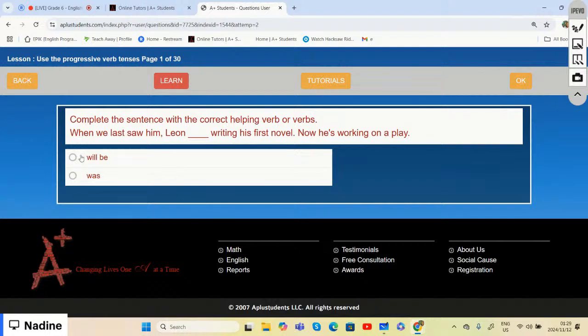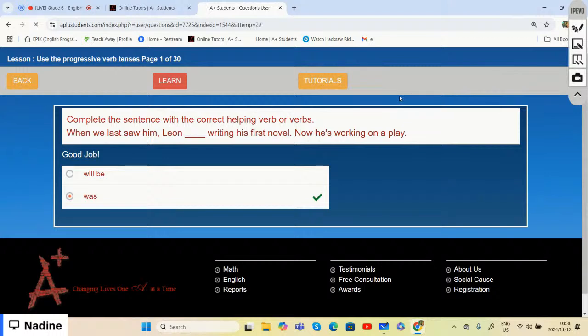All right. So we will say when we last saw him, Leon was writing his first novel. Now he's working on a play. Yes, well done. Was is correct. Well done.